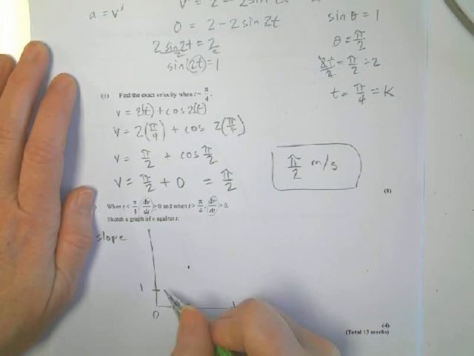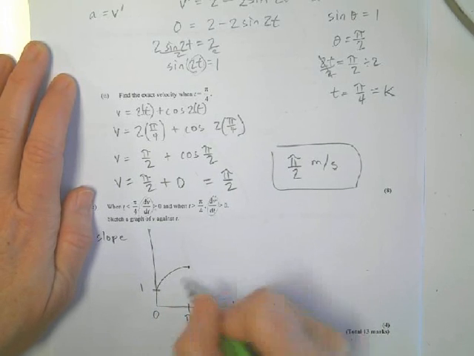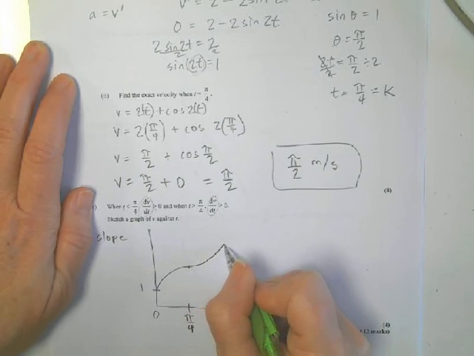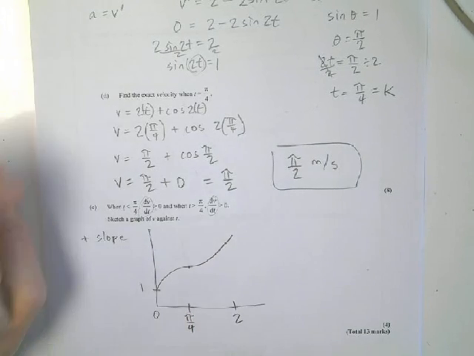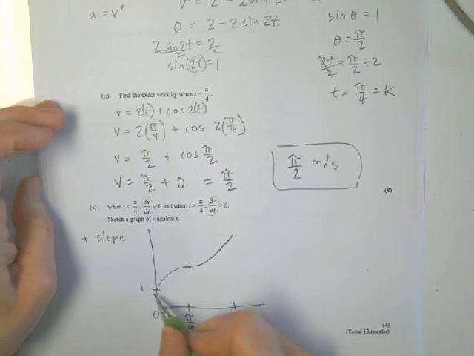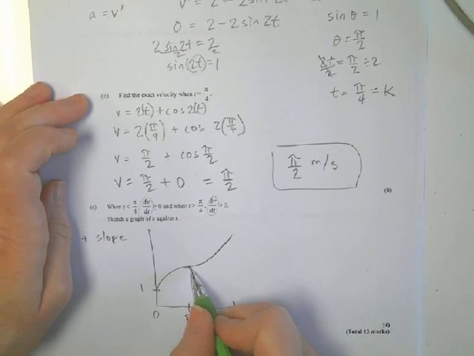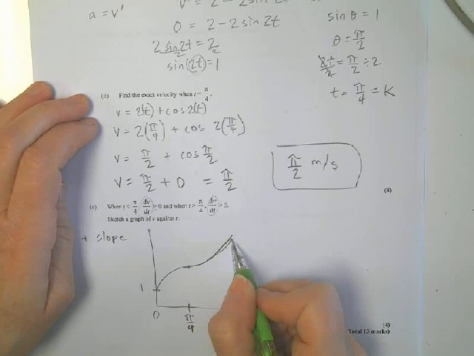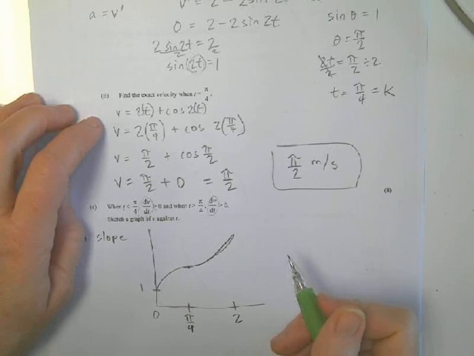So I am going to go like this, and then I have to change concavity. I have to have a positive slope, change of concavity, positive slope. So that is the little sketch that I can make. Let's see, did I miss anything else?